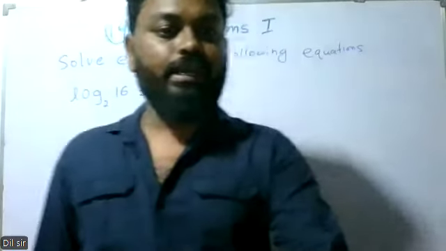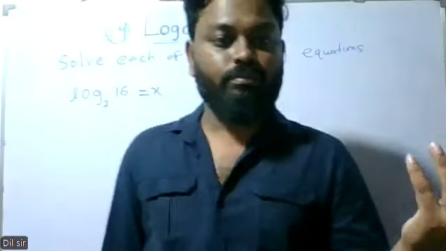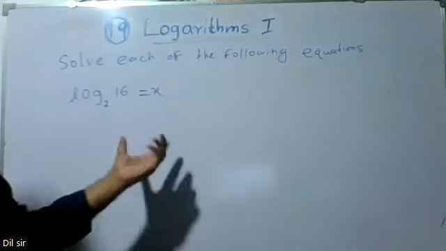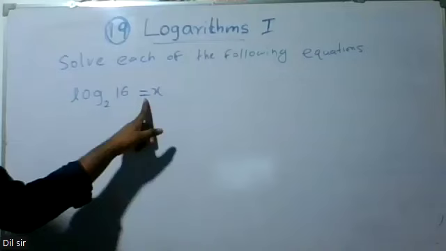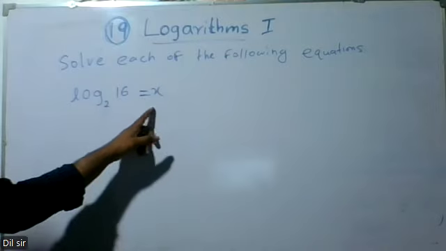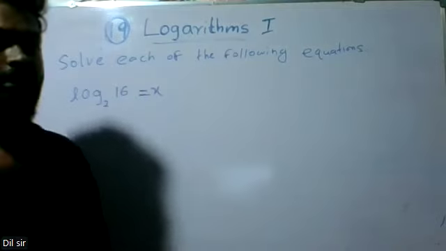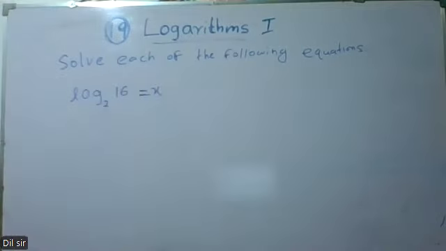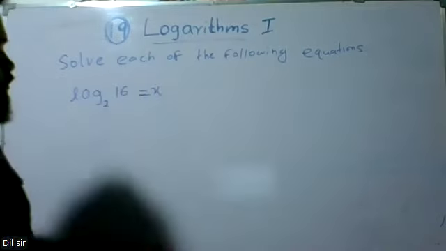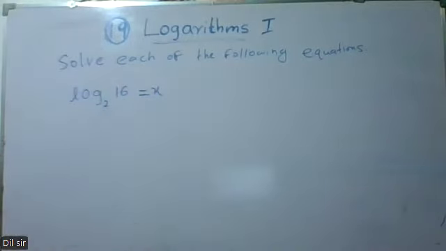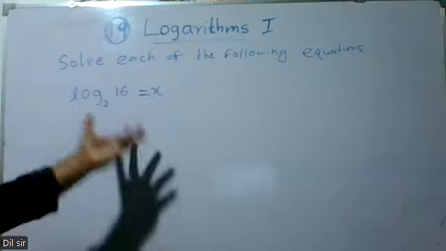Because there is an equal sign, it is an equation. I want to know who the unknown term is. It is x, yes, definitely it is x.